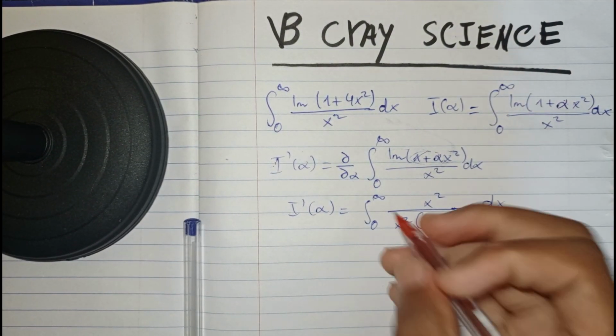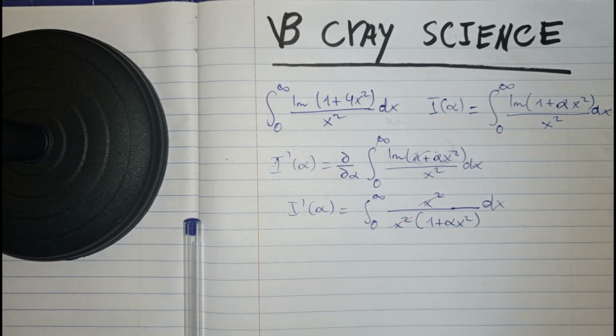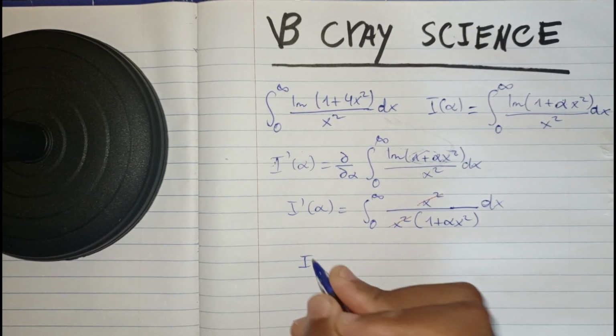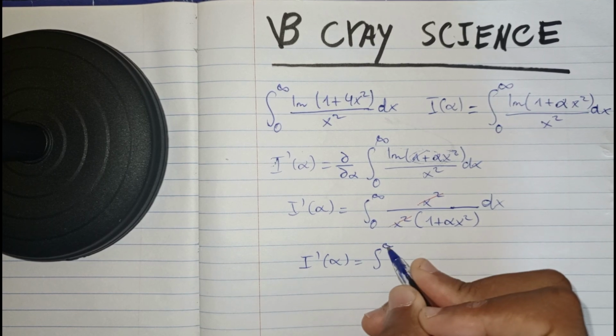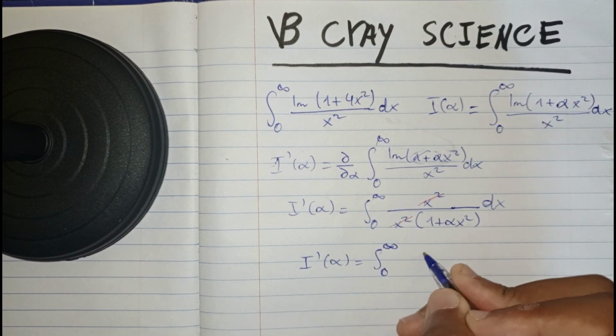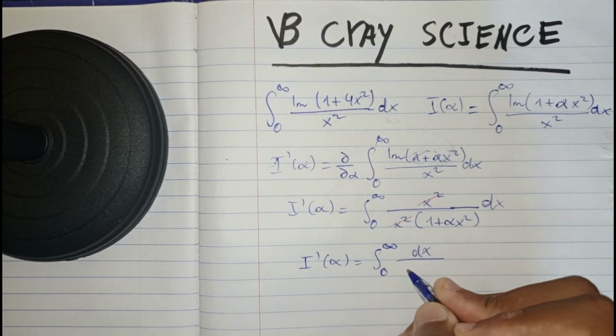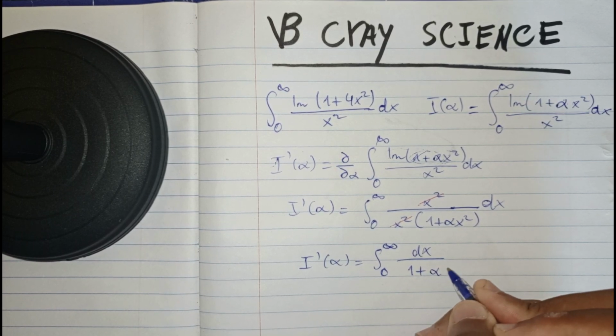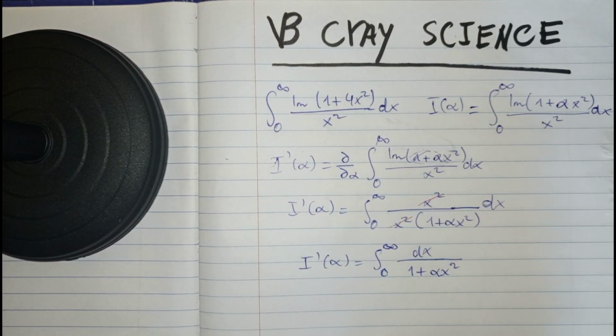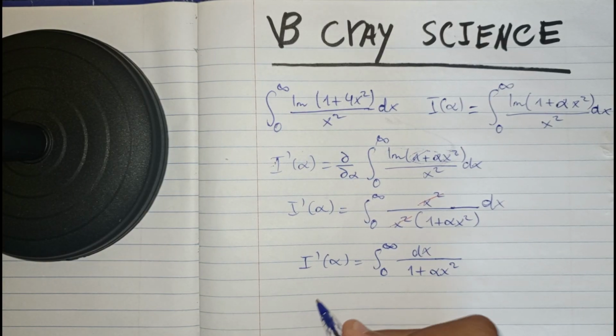So we can cancel this and this, and we get the integral from 0 to infinity of dx divided by 1 plus alpha x squared.